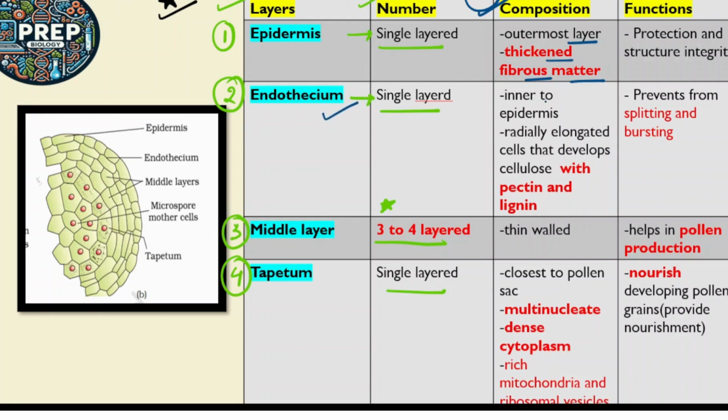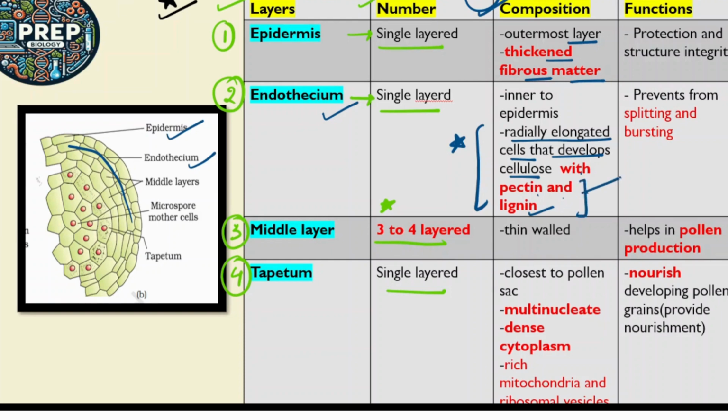Second one is the endothecium. Endothecium is radially elongated cells that develop cellulose with pectin and lignin. So understand it carefully. If you can see here, this is the epidermis, single layered. Endothecium is this kind of structure, cells are present inside the endothecium and they are radially elongated, and they develop cellulose. Cellulose, as you all know, is a polymer, and with the pectin and the lignin.